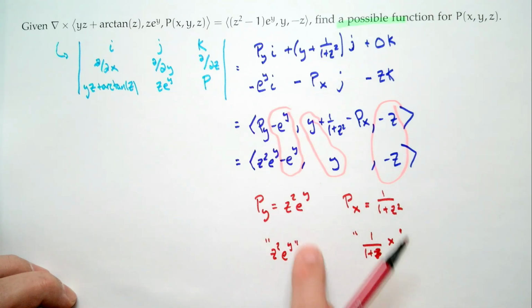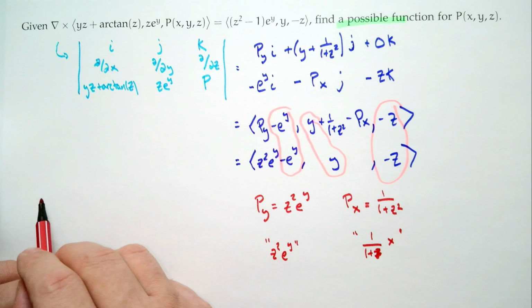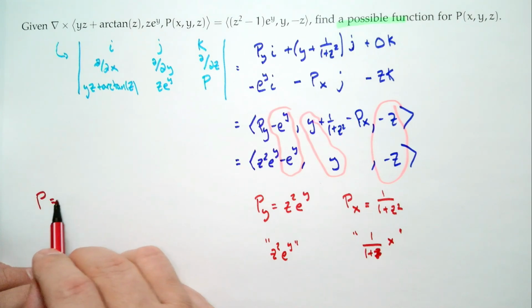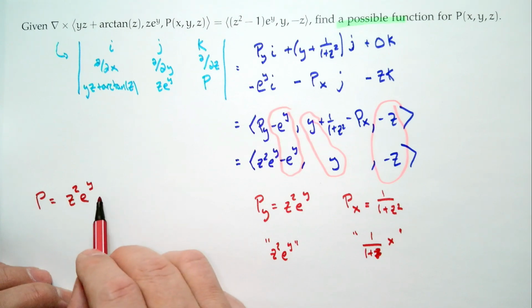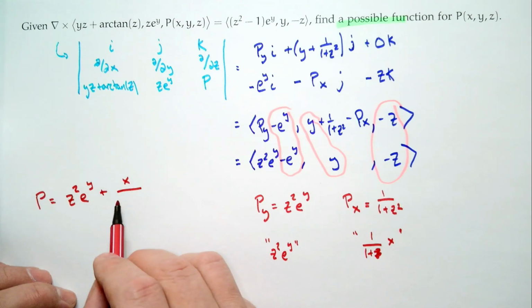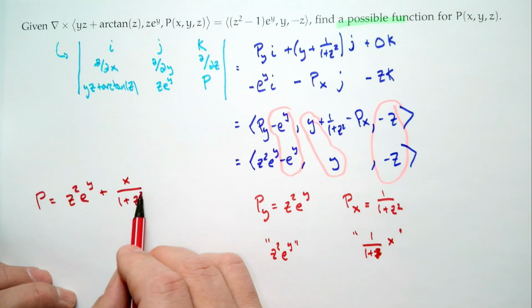And this piece, z squared e to the y, has nothing to do with x, so when we take its derivative, it goes away. And so we can conclude that we can put these together and have p be z squared e to the y plus x over 1 plus z squared.